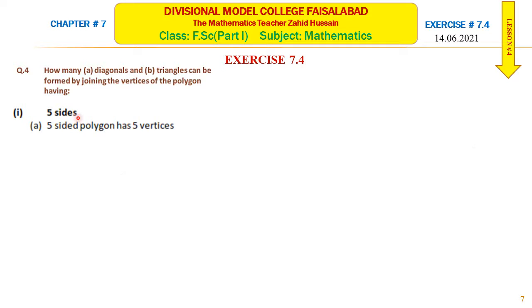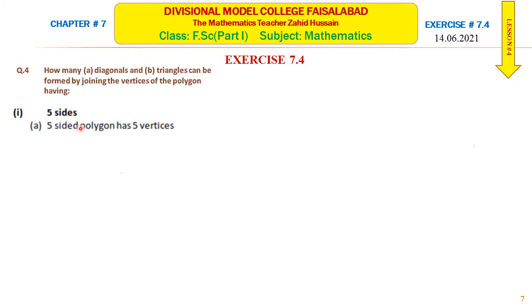If a polygon has 5 sides, it will have 5 vertices, 5 corners. A 5-sided polygon has 5 vertices. Diagonals are the lines obtained by joining opposite vertices. So there are 5 sides and there will be some diagonals. So we will find the total number of lines of the 5-sided polygon, in which five are sides and the remaining will be diagonals.